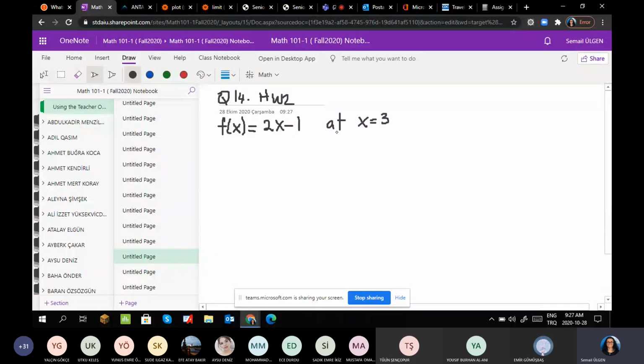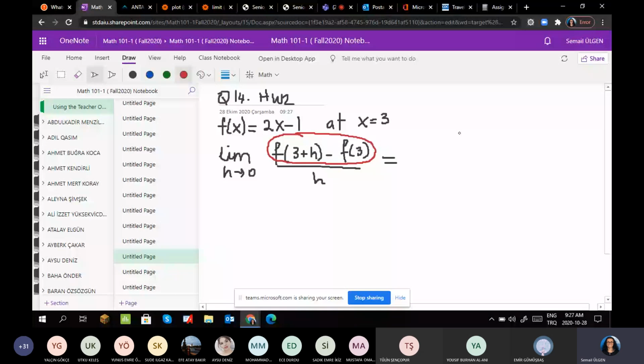So let me do this for you: limit as h goes to 0 of f of 3 plus h minus f of 3 over h. That's how you should do it. Let's look at this difference. I'm going to do this separately down here and then put it up here.